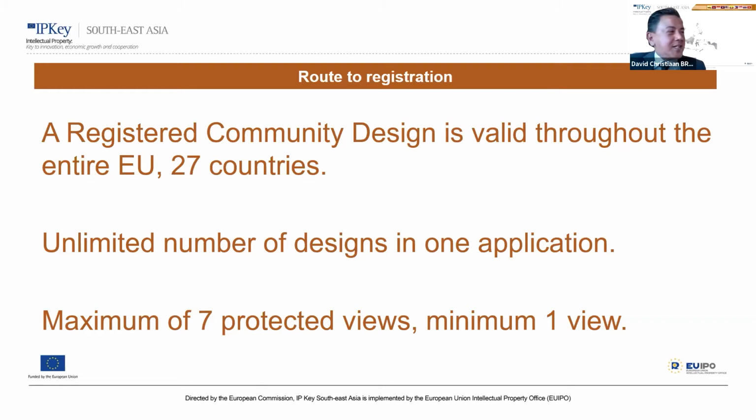A good thing is that in the EUIPO, we allow an unlimited number of designs per application. I know that in certain countries, there is a maximum of, for example, WIPO has a maximum of 100 designs per application. I don't know in other countries what the maximum is, but in the EUIPO, we allow unlimited.